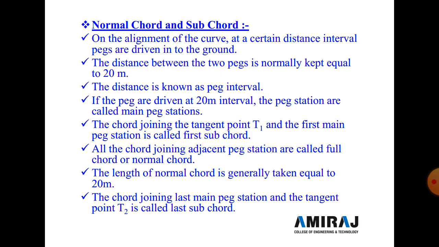The chord joining the tangent point T1 to the first main peg station is called the first subchord, and all the chords joining adjacent peg stations are called full chords or normal chords. The length of the normal chord is generally taken equal to 20 meters, and the chord joining the last main peg station to the tangent point T2 is called the last subchord.